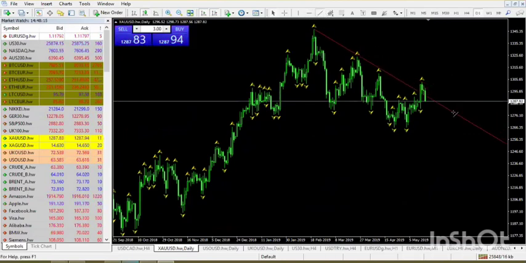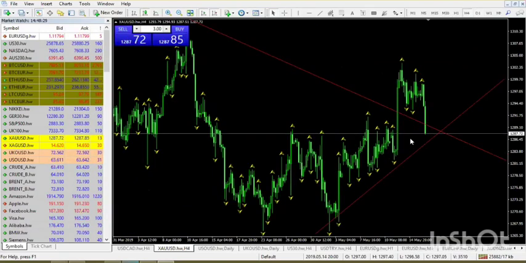And if we draw the trend line, this red line, it is showing us a pullback. And you have another one here. It is declining.